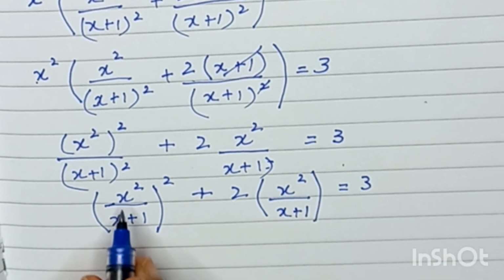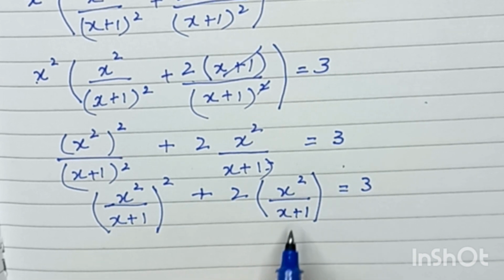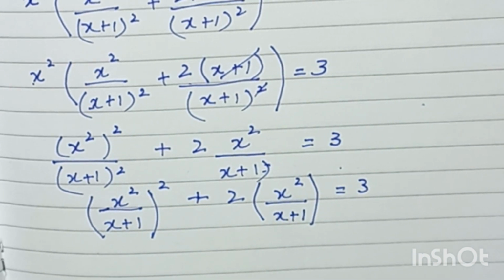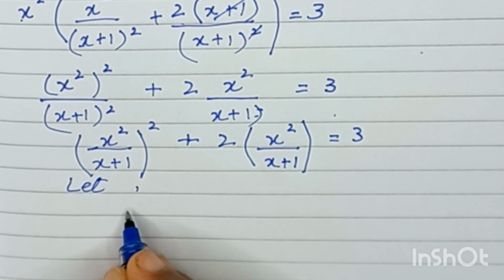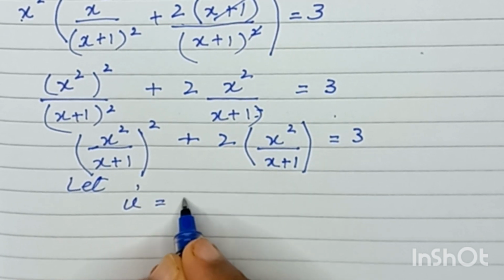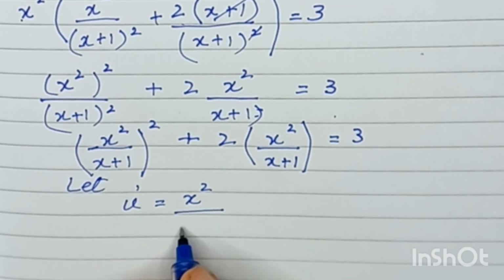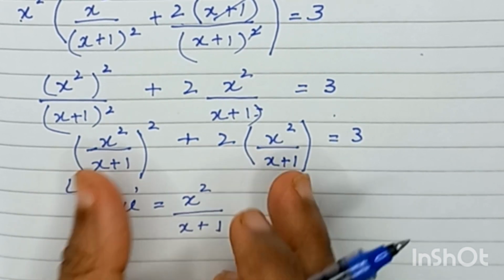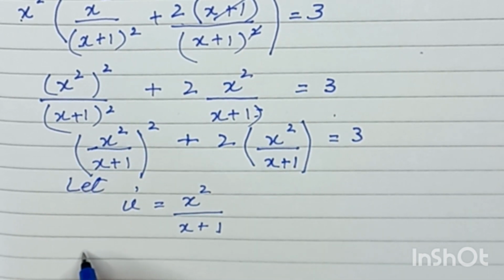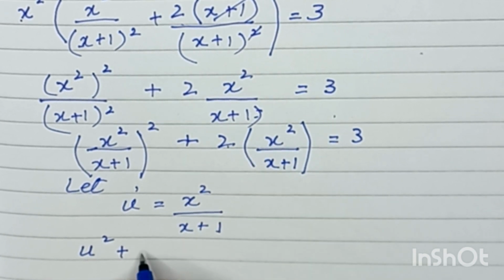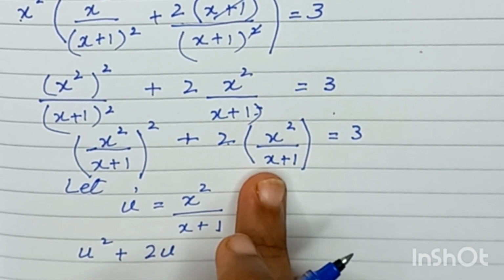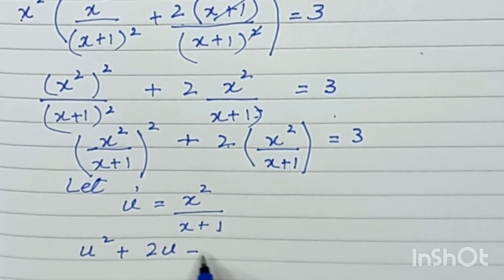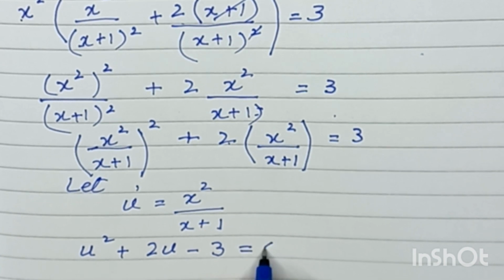Now you can see that x square divided by x plus 1 and x square divided by x plus 1 are the same. So we let u be equal to x square divided by x plus 1. The above equation will become u square plus 2 times u, and this 3 will become negative when it changes its position from the equal side, so it will become minus 3, which is equal to 0.